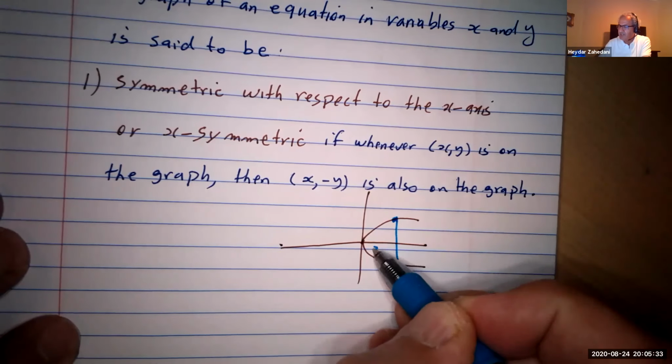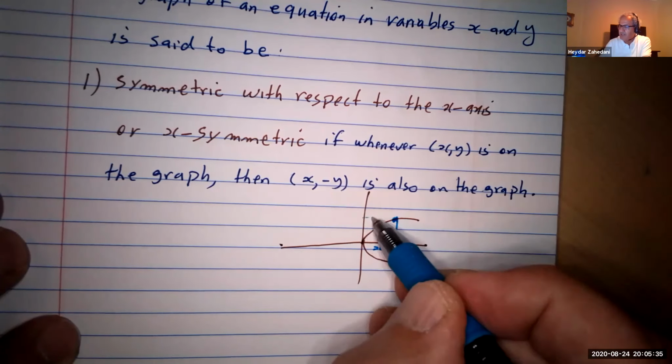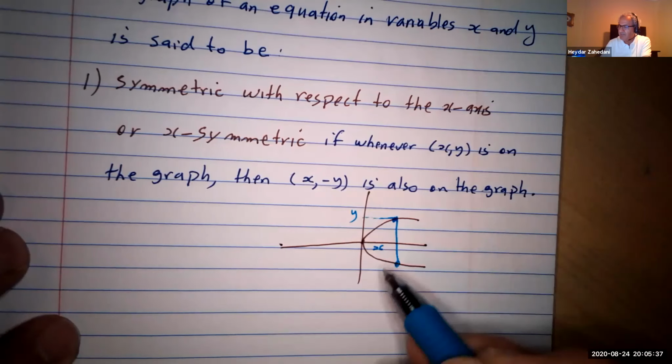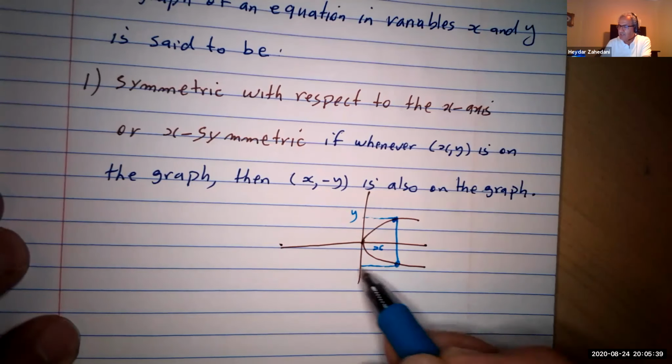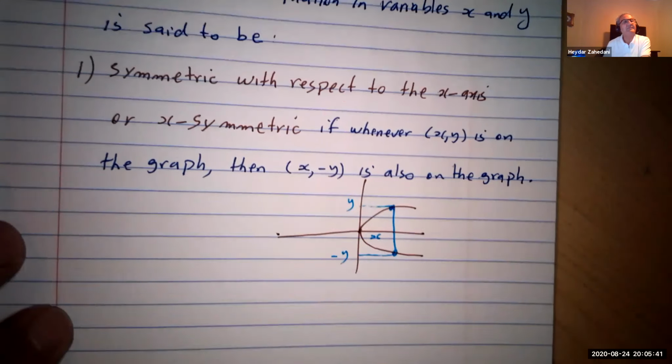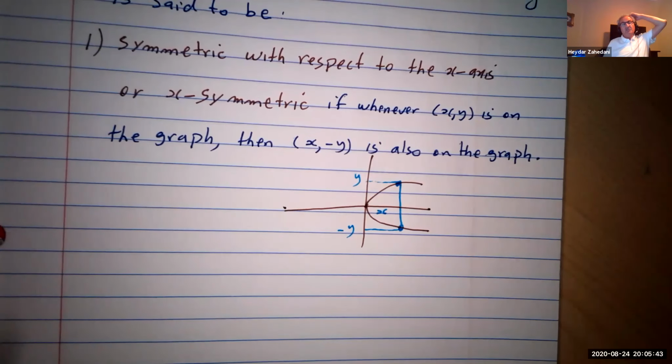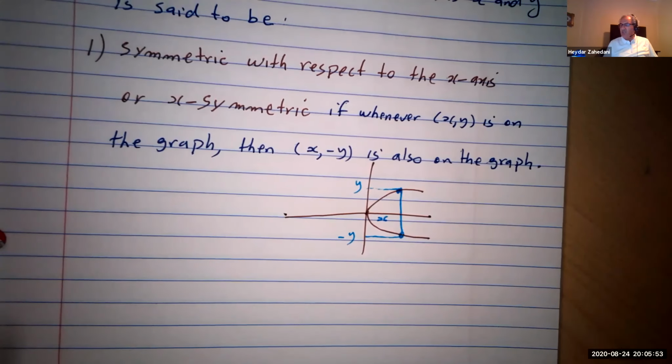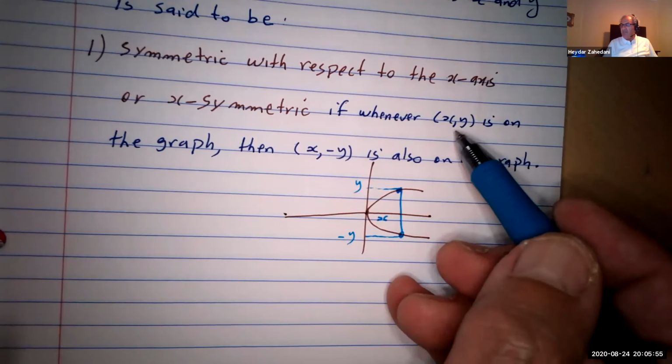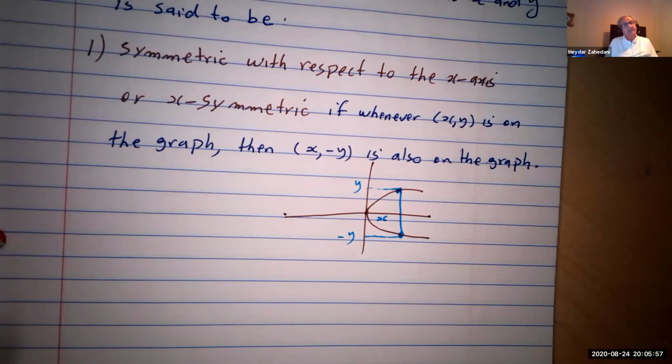You see the x stays the same, but this is y and this is negative y. So in the equation, if you change the y into the negative y, the equation stays the same. So in the given equation, if you change y into negative y, you are going to get the same equation.